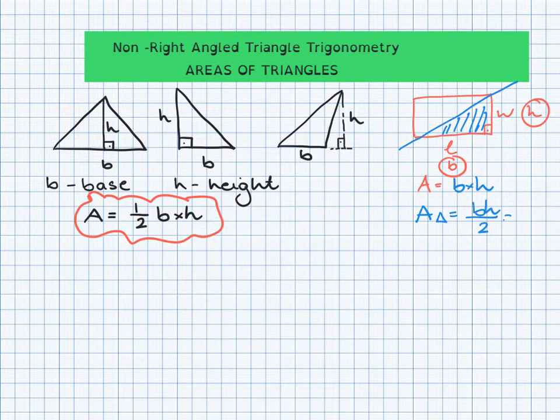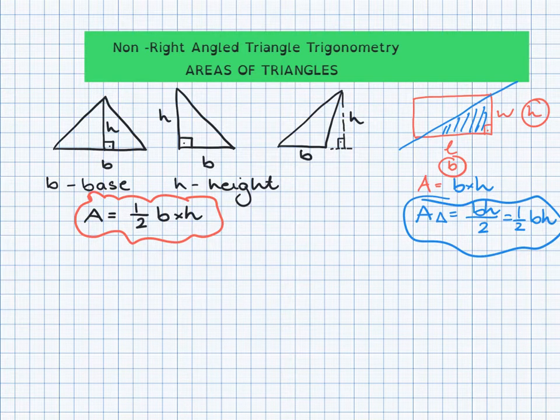Sometimes we just write it as 1/2 times base times height. So this is the area of a triangle that is a right angle triangle.